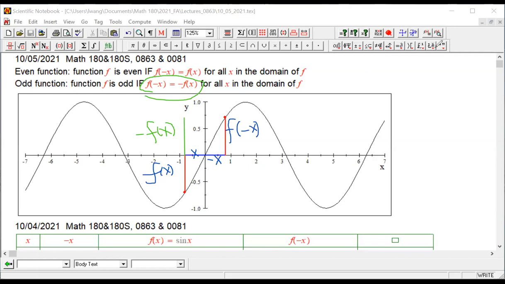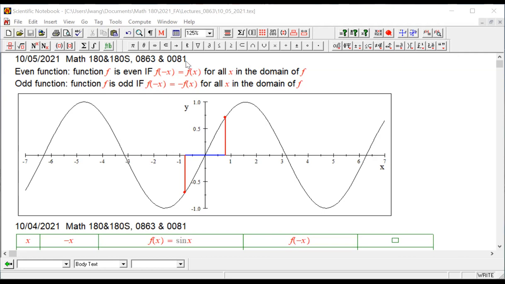Another scenario I'd like to draw for you is the same situation. I'm going to remove that color, I need a different color.